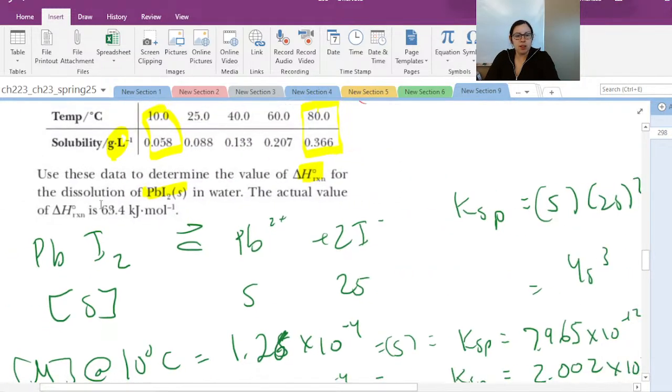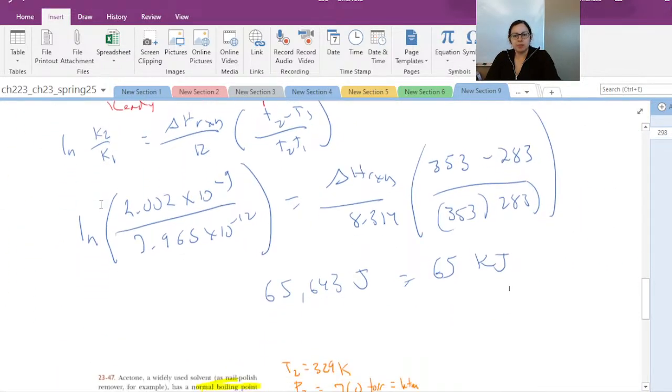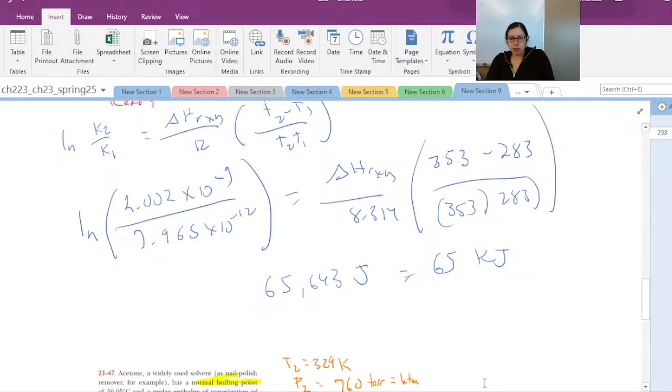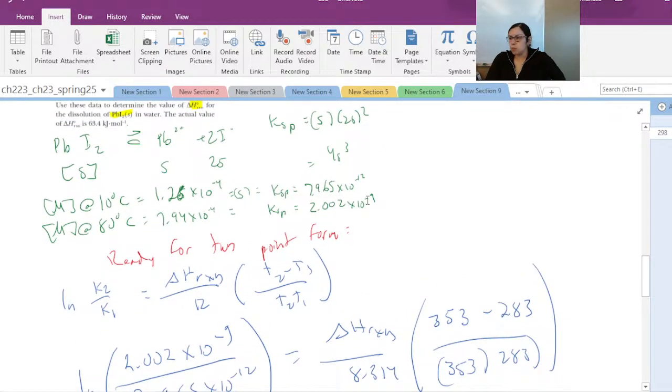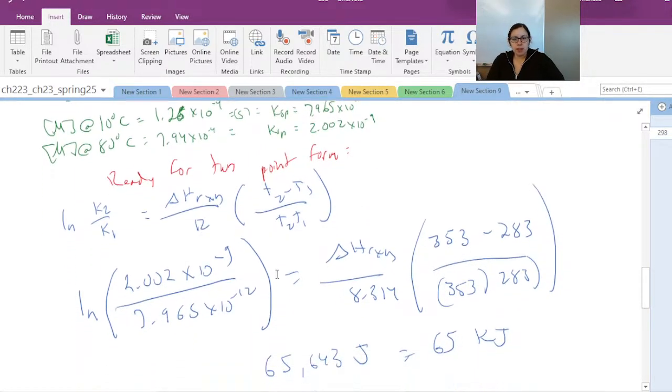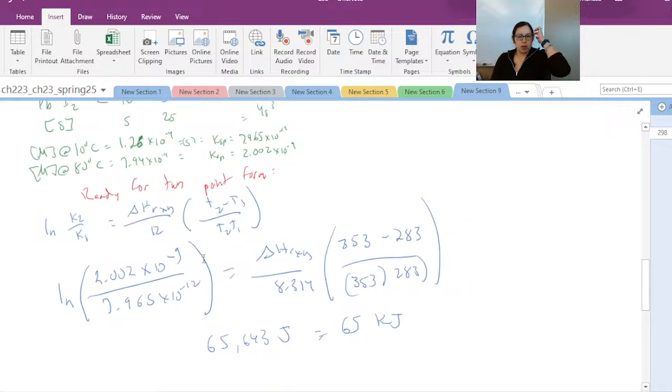So that was pretty nice. So did we all kind of get that? So really you just had to get to this point, and then from there I think you're getting good at plugging in these 2-point equations.